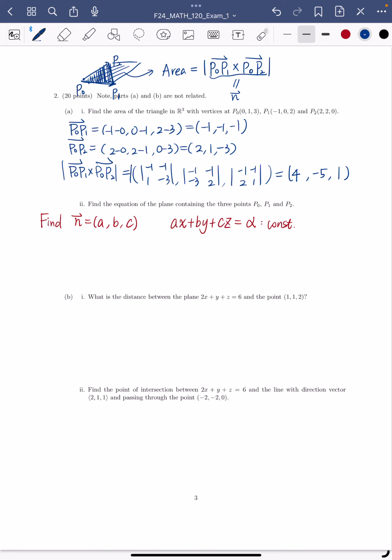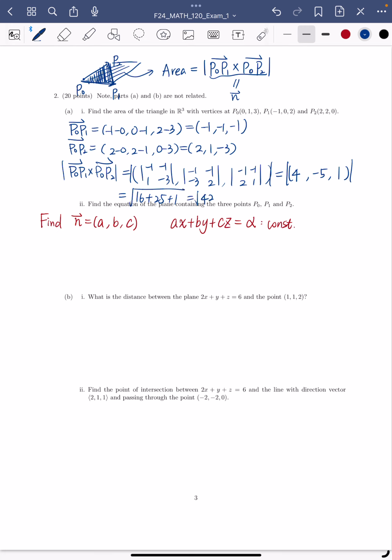Computing this, the absolute value, you get the square root of these numbers, and then take the square root.